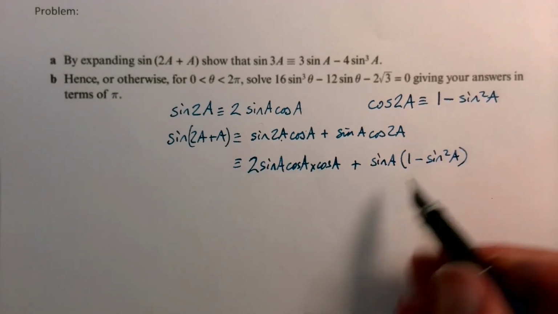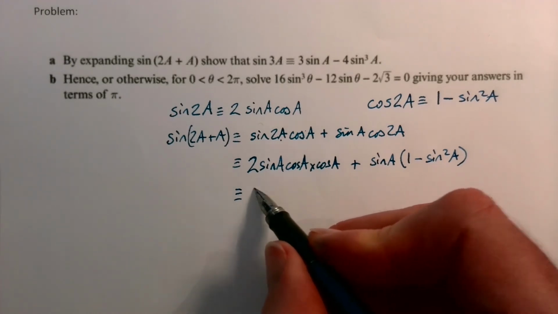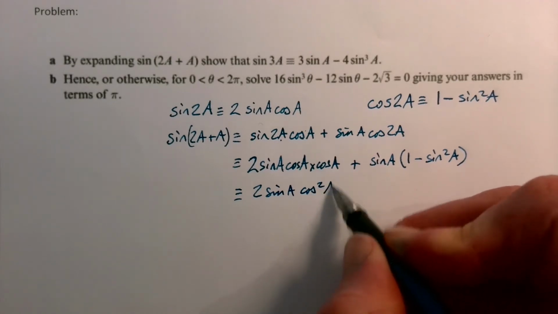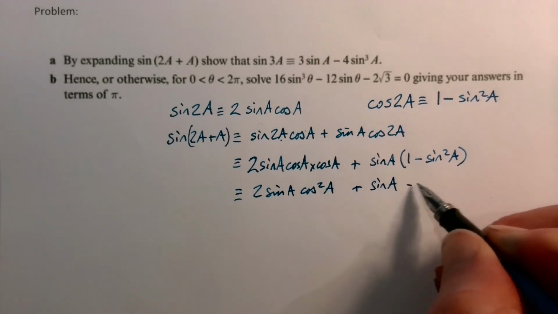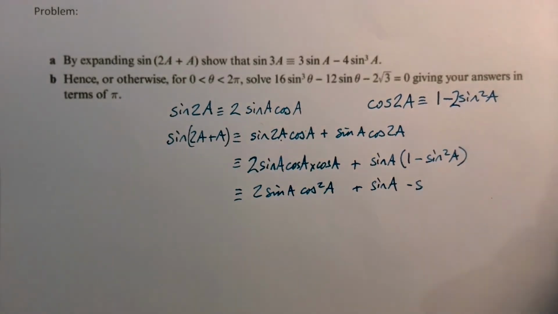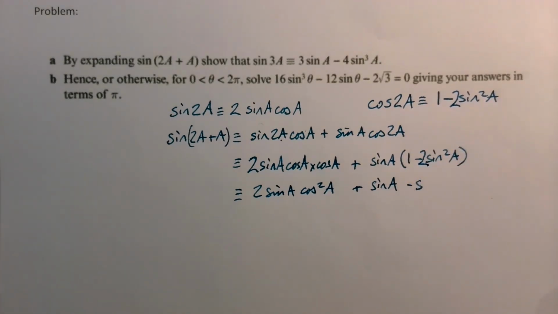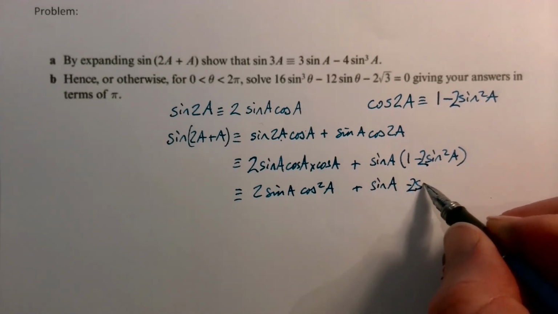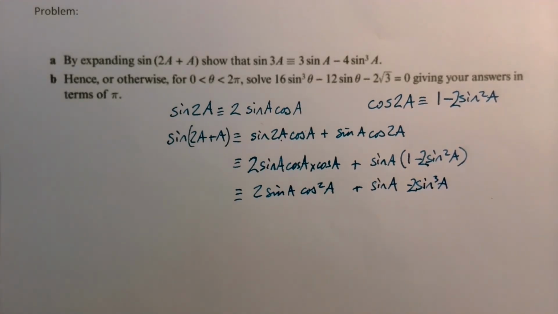Then I'm going to clean all of this up and expand that bracket to give me 2 sine a cos squared a plus sine a take, oh hang on, a mistake there, isn't it? It's not 1 take, it's take 2 sine squared a. So that'll give me minus 2 sine cubed a when I expand that.